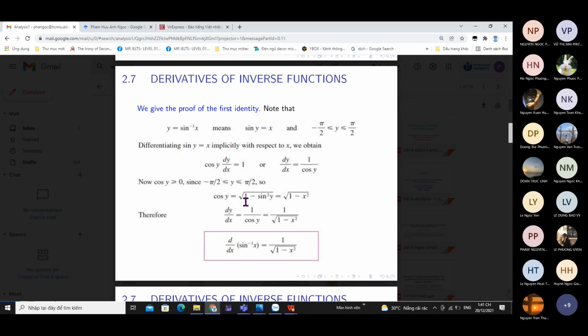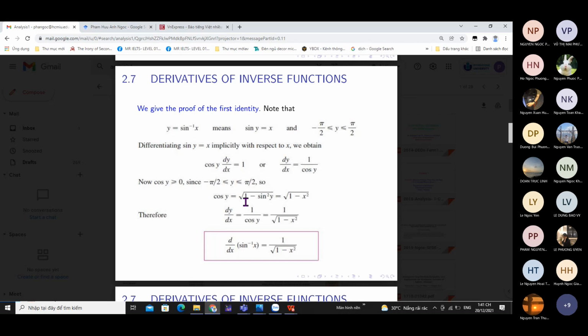However, here y is between minus pi over 2 and pi over 2, so cosine of y is always non-negative. Remember, sine of y is x, so it means square root of 1 minus x squared. And that's why we get dy by dx equals 1 over square root of 1 minus x squared. It means the derivative of sine inverse of x equals 1 over square root of 1 minus x squared.